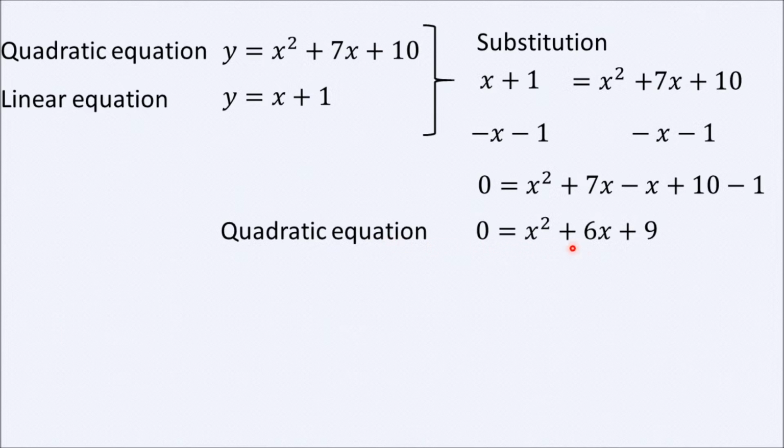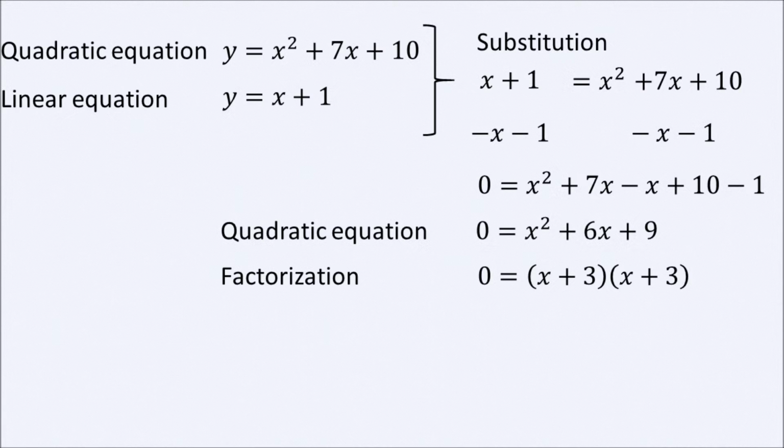In order to solve for x in this equation, we will use the factorization method, where we will express this quadratic expression in terms of two brackets. So if we do this factorization, we will have 0 equals x plus 3 multiplied by x plus 3. How did we do this? Well, first, x and x in the two brackets are easy to deduce.